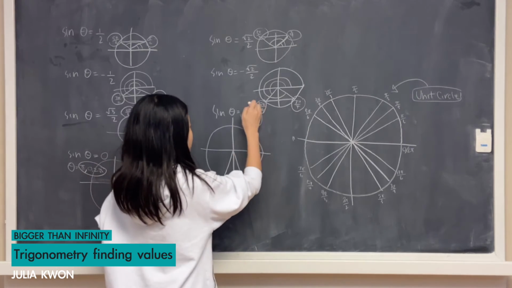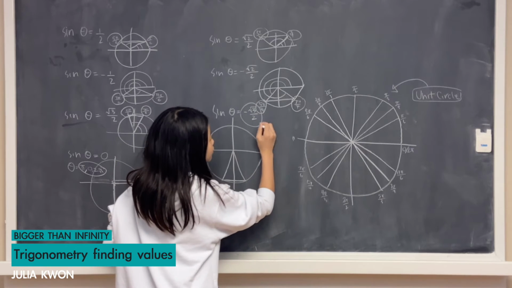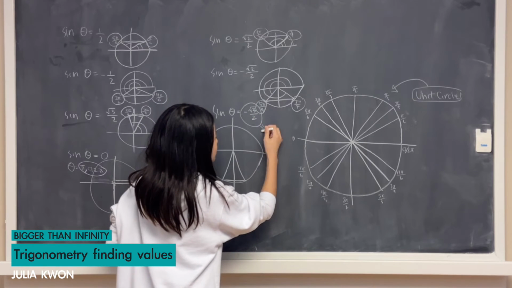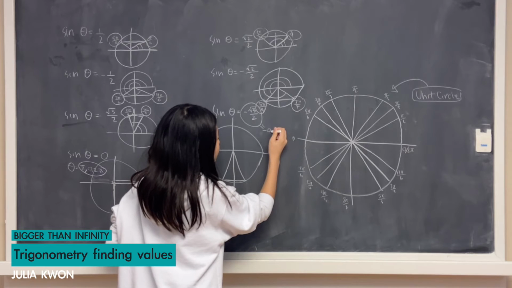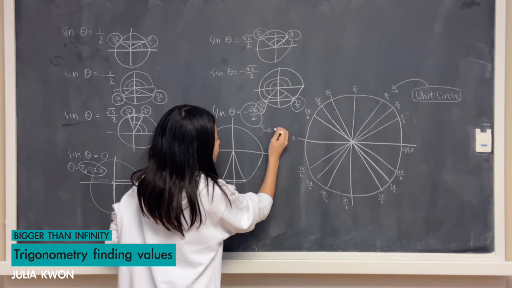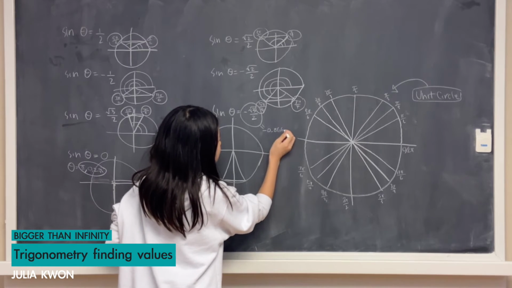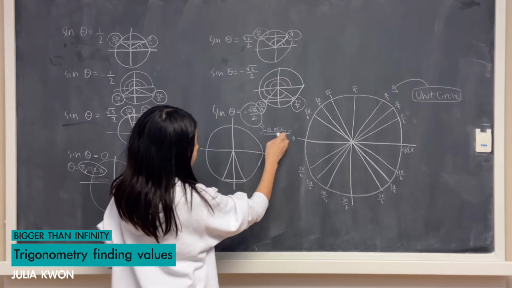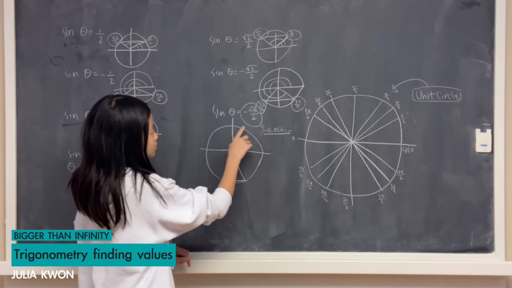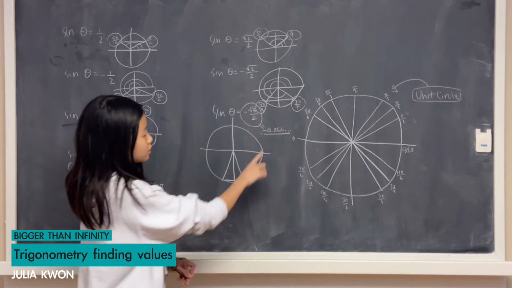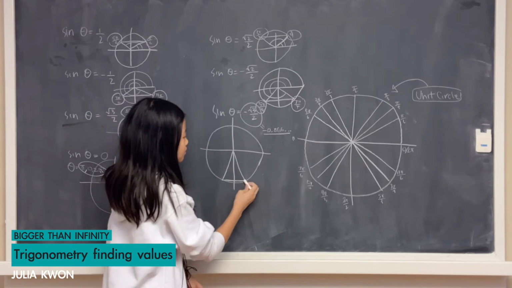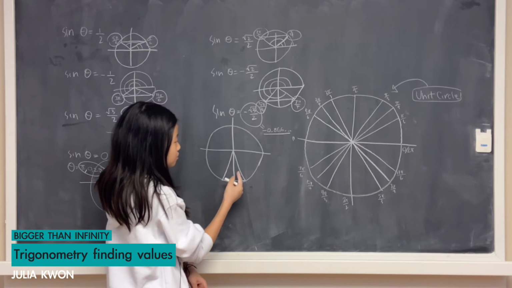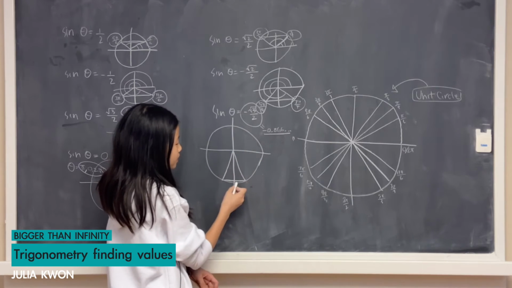It's actually about negative 0.866 in decimals, so it's really close to negative 1, and the radius is 1 in this circle.